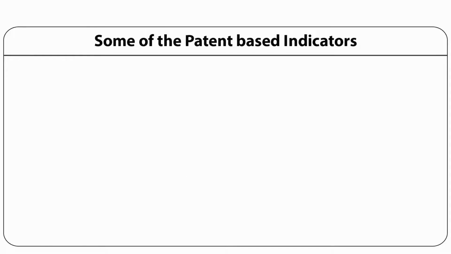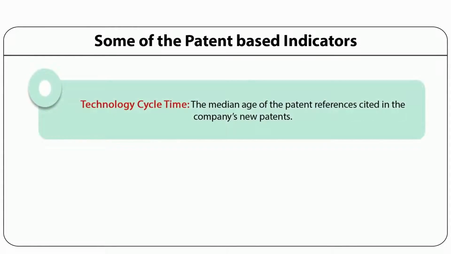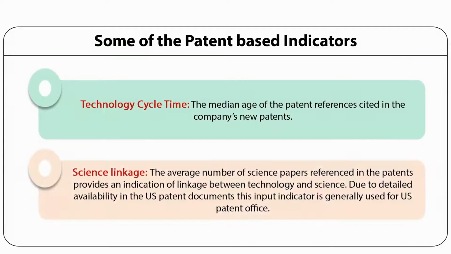We introduced two further indicators, technology cycle time and science linkage. The technology cycle time, in a sense, shows how fast your patents are in the current technology scenario. Indirectly, it looks at the median age of the patents which have been referred or cited in that company or country's new patents.